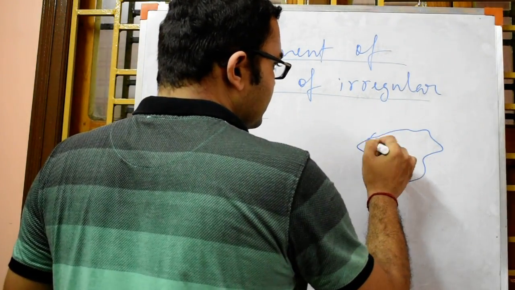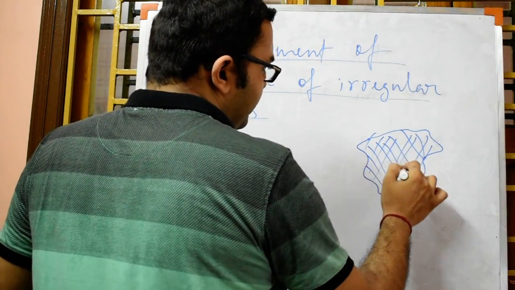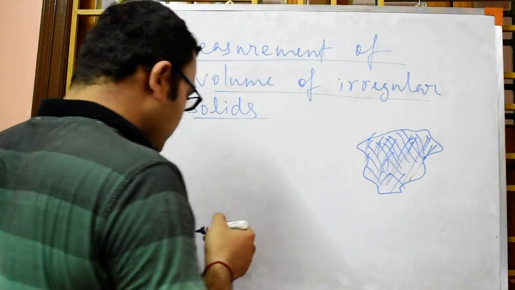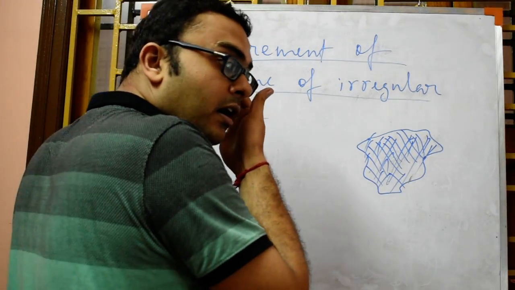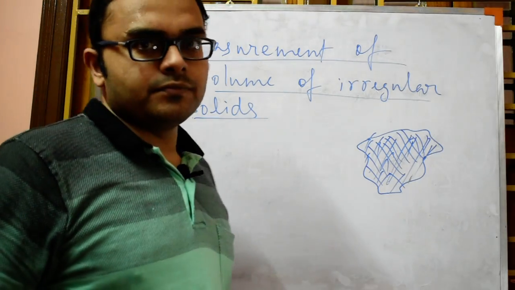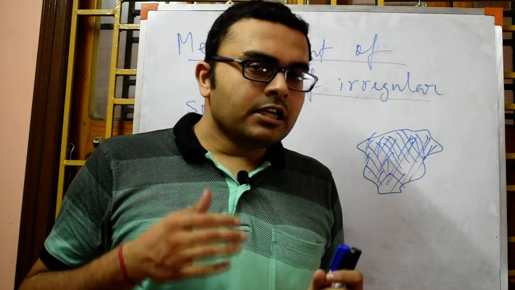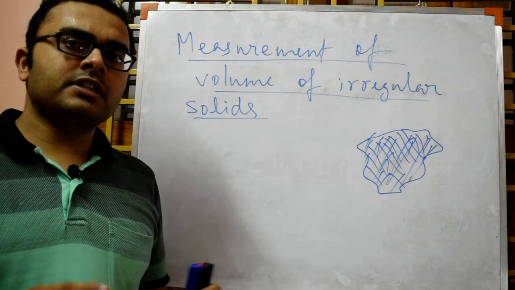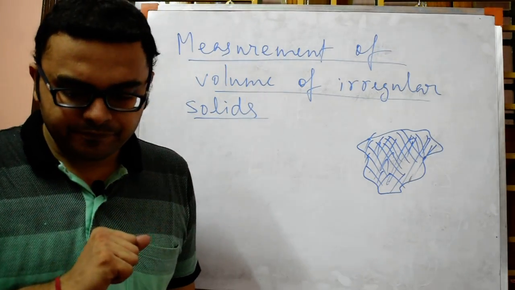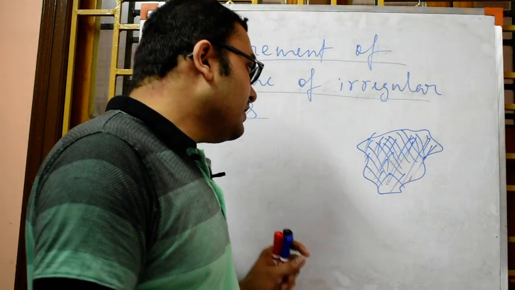You have to imagine it a bit in 3D. It does not have any definite shape. Now how can you measure the volume of this particular stone? Let us see how we can measure the volume of this irregular stone.